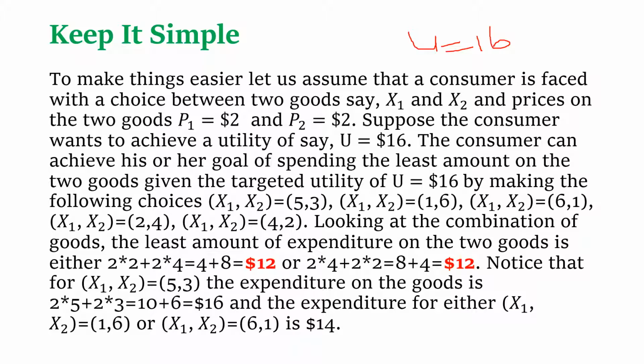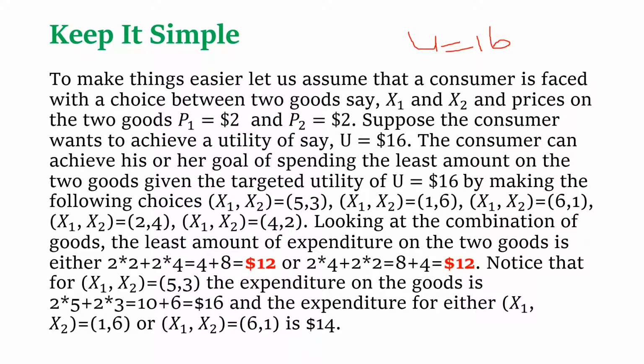Looking at these expenditures, we realize that the expenditure on the bundles 4, 2 and 2, 4 will be the smallest. Because that expenditure is the smallest, that is what the consumer is going to choose.